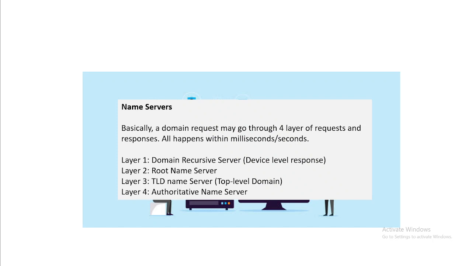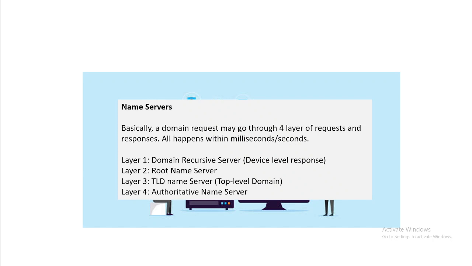Layer 1 is the domain recursive layer, which is the device level response or the ISP level response. Number 2, the layer 2 is root name server. Number 3 is TLD name server.